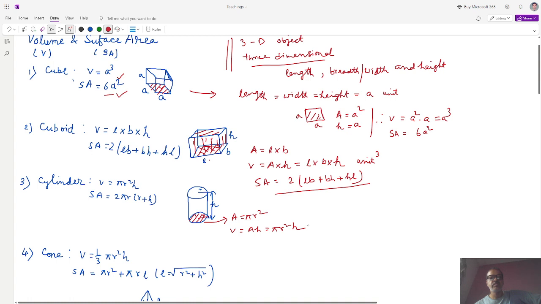H. Okay, and the surface area. Surface area in case of cylinder: there are two circular surfaces, one at the bottom and one on the top, and one curved surface.